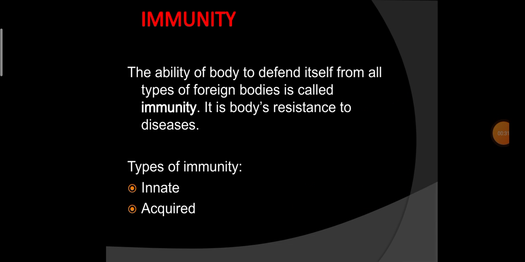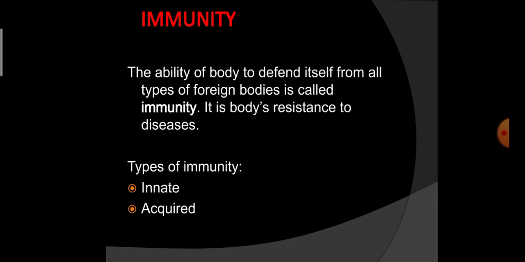Okay. So, immunity basically, if we define immunity, it is the ability of a body to defend itself from different types of pathogens or foreign bodies. Okay, that is immunity.